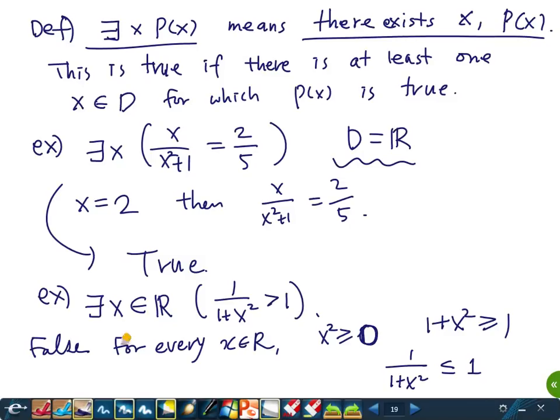So for every x, you cannot have this. There does not exist an example of this. So it's false. For a statement involving existence, if you want to show that it is true, all you need to do is find just one example. But if you want to show that it is not true, you have to prove something like this. You have to consider all possible values of x.